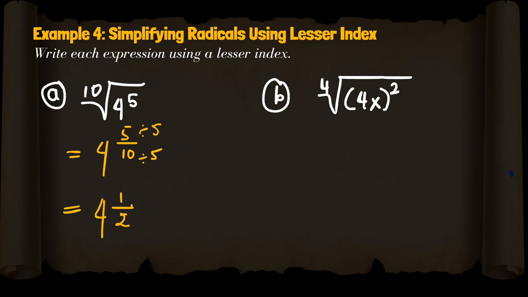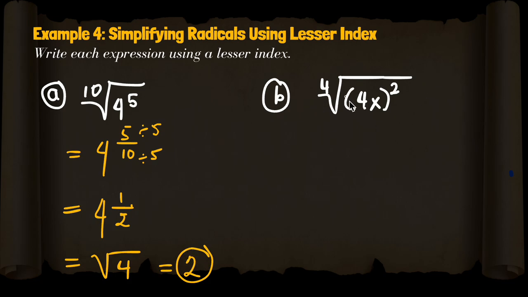So, ibig sabihin, pwede siyang isulat as what? Square root of 4, kasi may invisible na 2 dito at may invisible na 1. So, square root of 4 is equivalent to positive or negative 2, or positive 2. Dito, magfo-focus tayo sa positive. When you simplify this one, the answer must be positive 2.